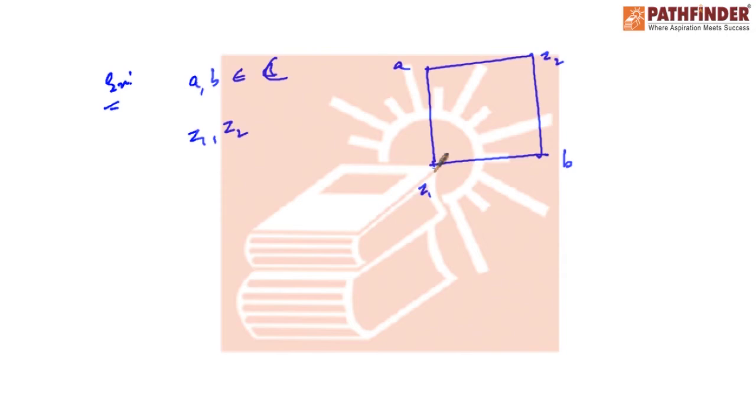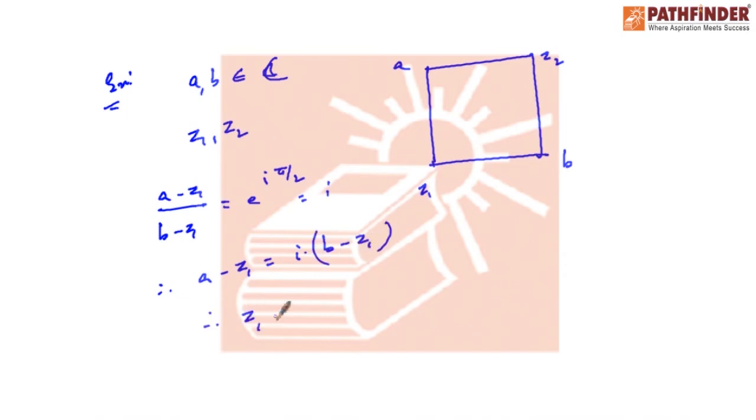So, quite clearly we can write using the concept of rotation that a minus z1 divided by b minus z1 is equal to e to the power i times pi by 2, which is nothing but cos pi by 2 plus i sin pi by 2, and hence we get a minus z1 equal to i times b minus z1, and from here we get z1 equal to (a plus b) by 2 plus i times (a minus b) by 2.